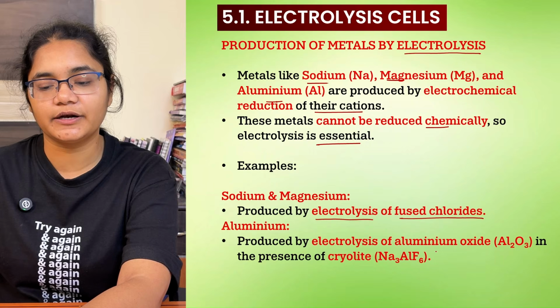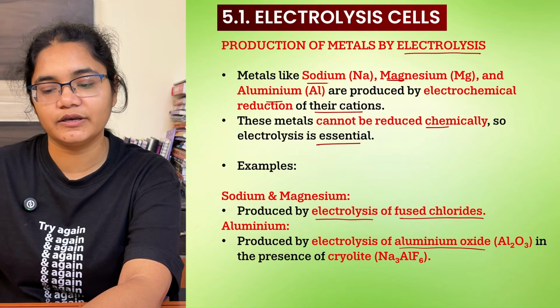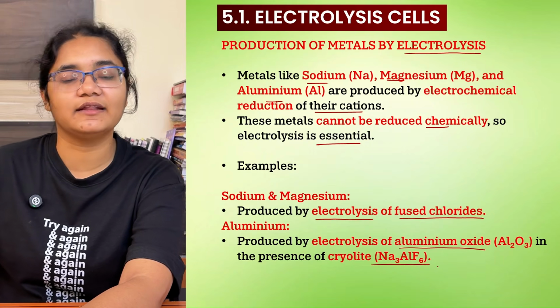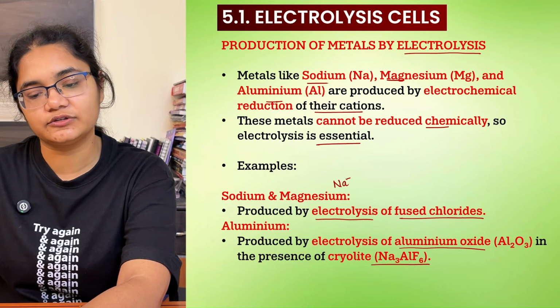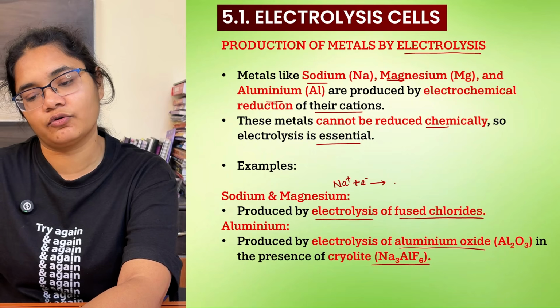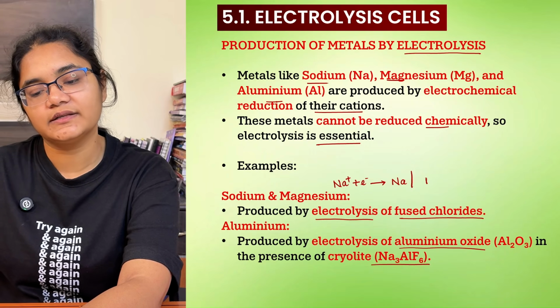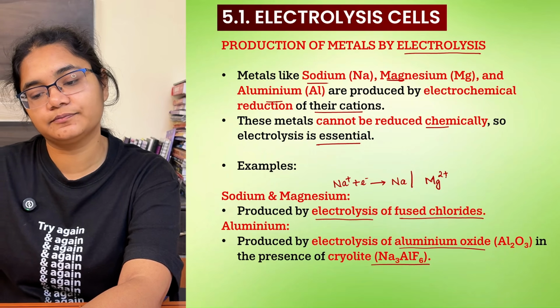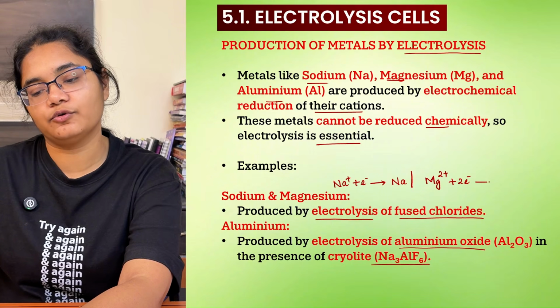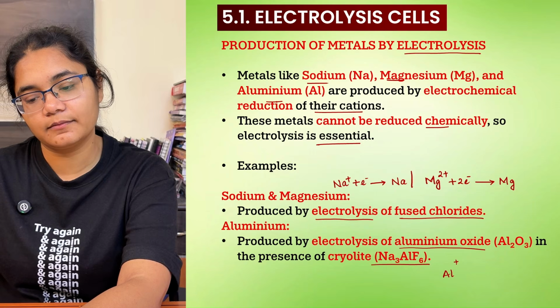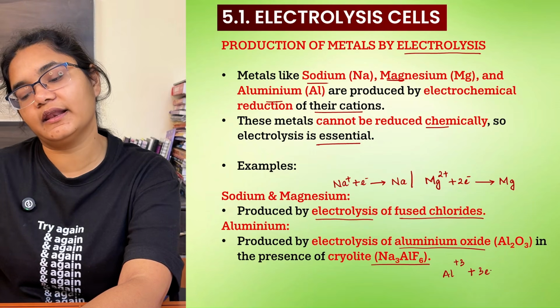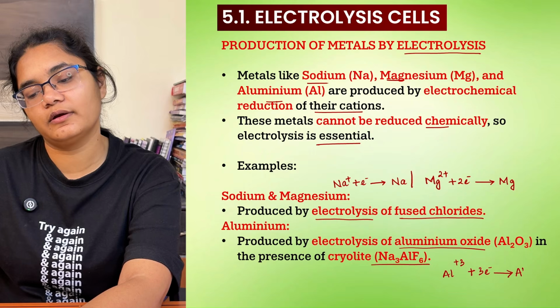Similarly, aluminium is produced by the electrolysis of aluminium oxide in the presence of Na3AlF6. Sodium gets reduced like this, Na plus 1 electron gives pure sodium. Similarly, magnesium gets reduced to give pure magnesium, and aluminium 3 plus gets 3 electrons to form pure aluminium.